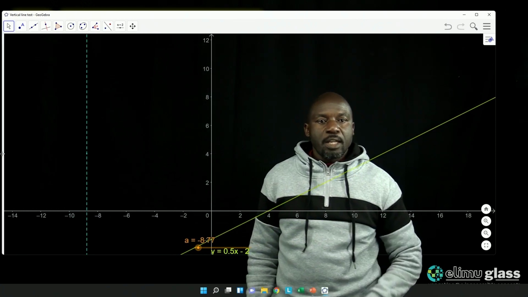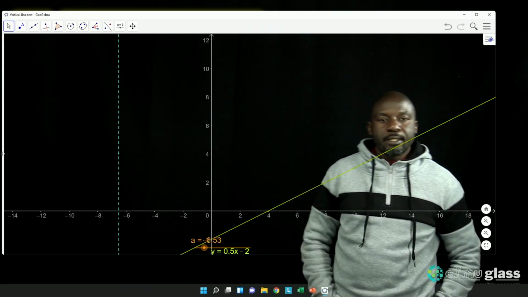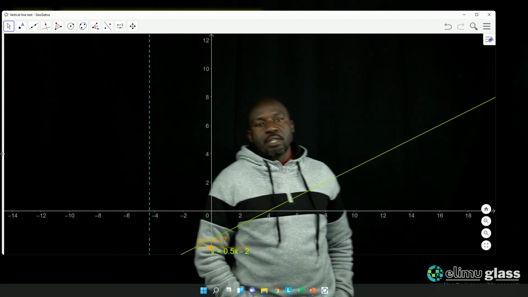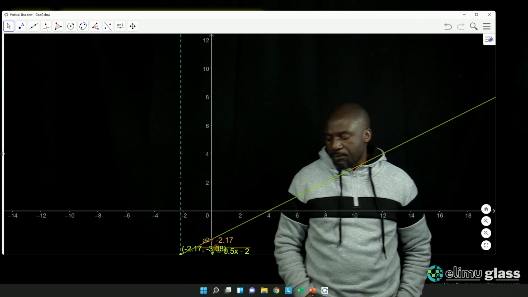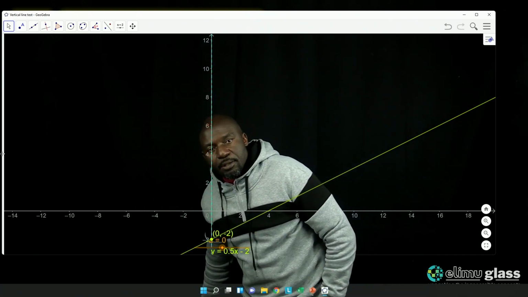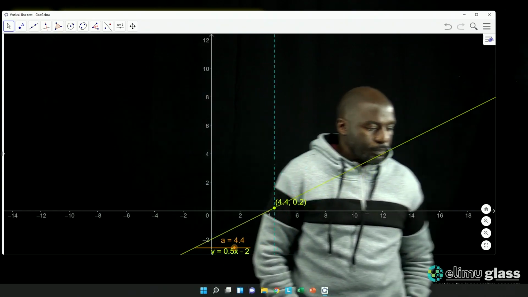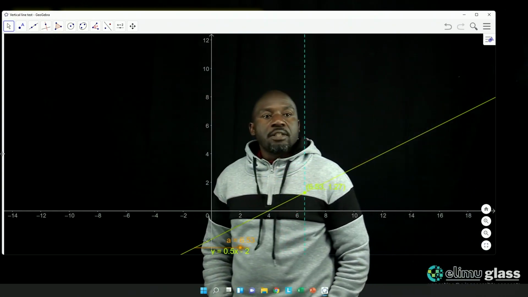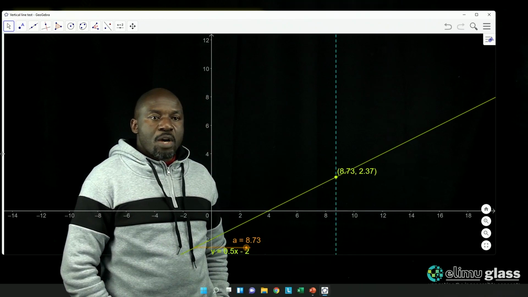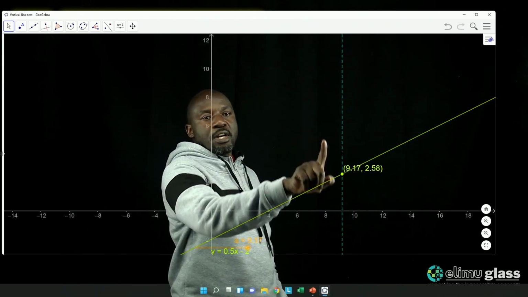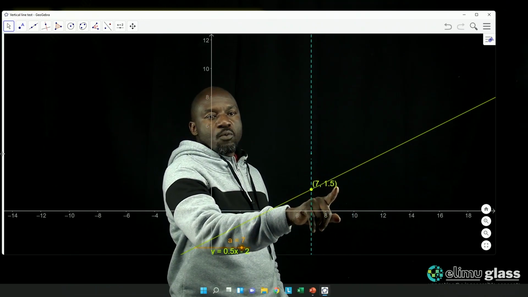Let's see what the vertical line tells us. If the vertical line crosses at one spot, then of course it is a function. Otherwise, it is not. The vertical line is crossing only at one spot, so every x value has exactly one y value.